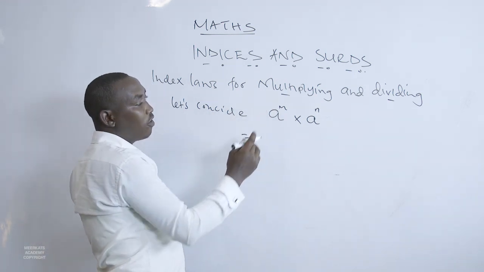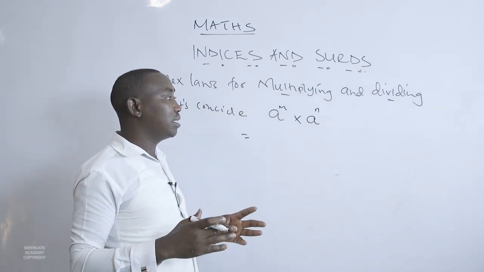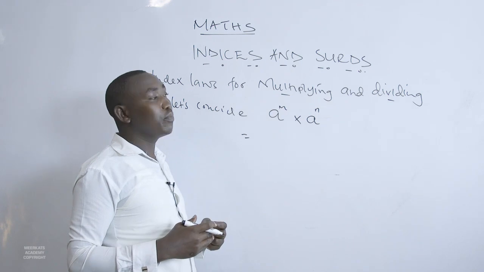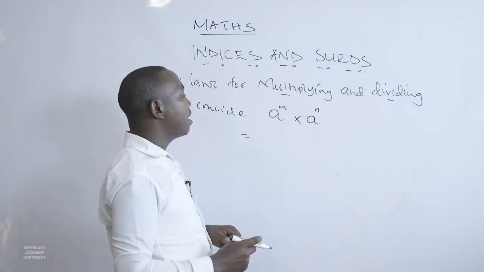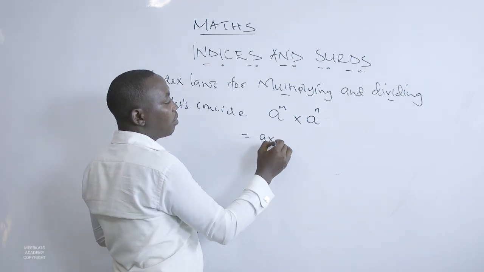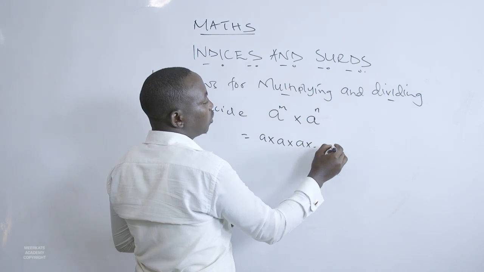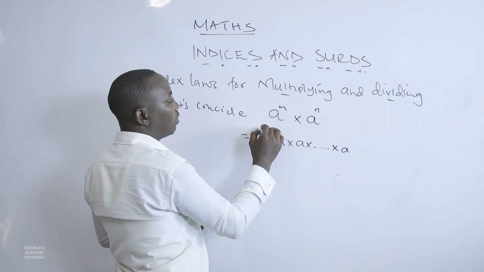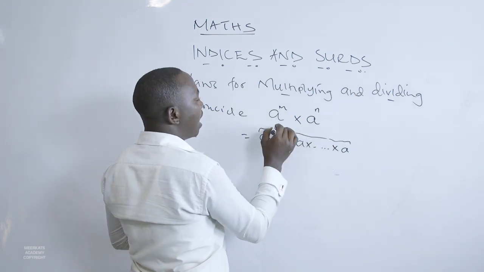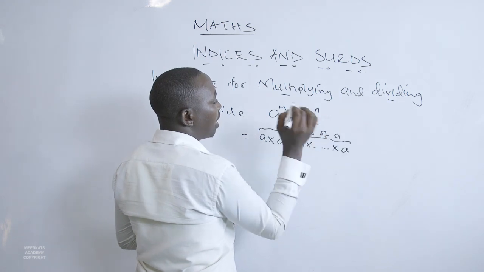In expanded form, because we do not know how many m factors of a there are, and we don't know how many n factors of a there are, we can come up with the first 3 multiplied by so many other factors of a, and we term these the m factors of a.